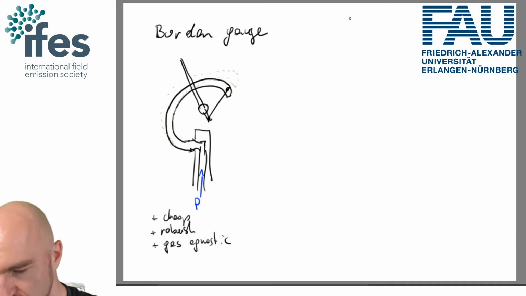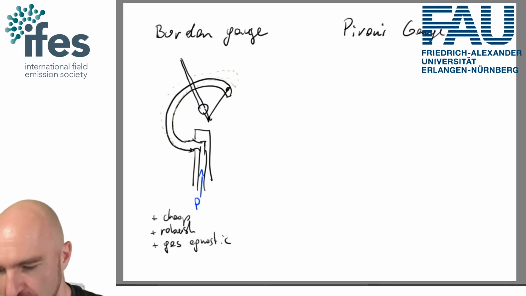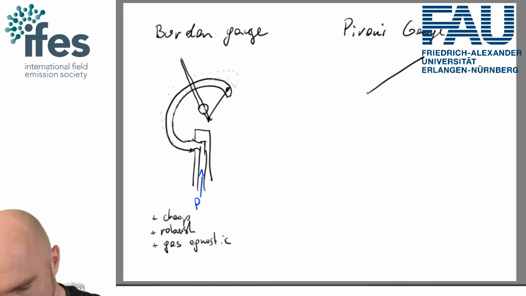The next thing for measurement are the Pirani gauges. Pirani gauges use an electrical measurement principle. Essentially a Pirani gauge is just a wire.